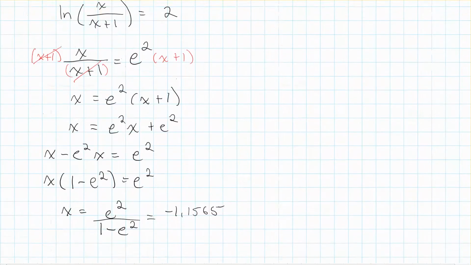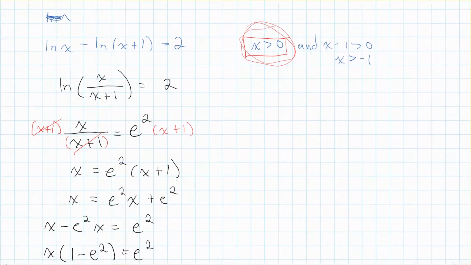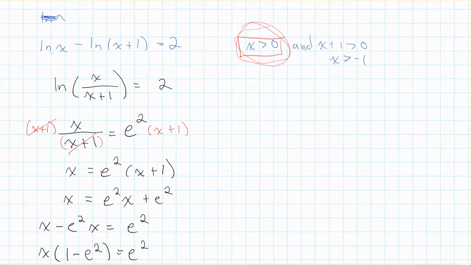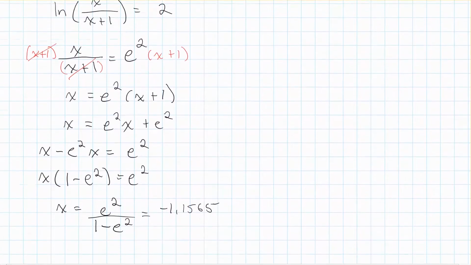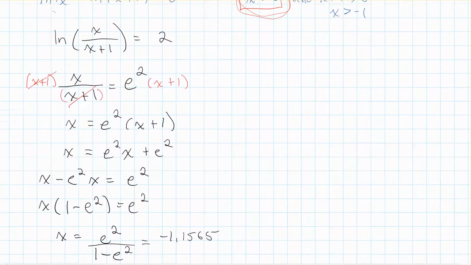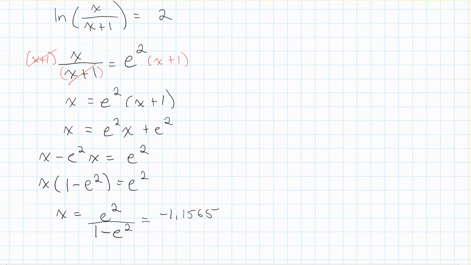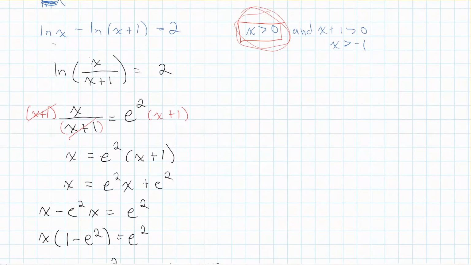But wait, right up here it says that x has to be bigger than 0. And that's again because my original problem had just natural log of x. Well, then I can't have this working as a solution. Now if we look at this condensed version, the negative number would be fine.